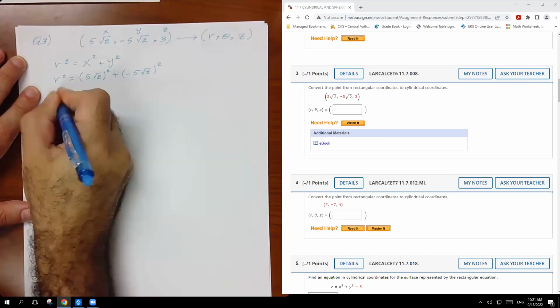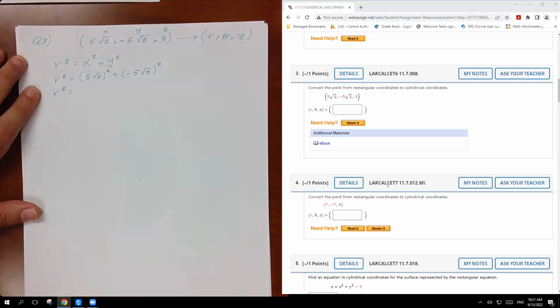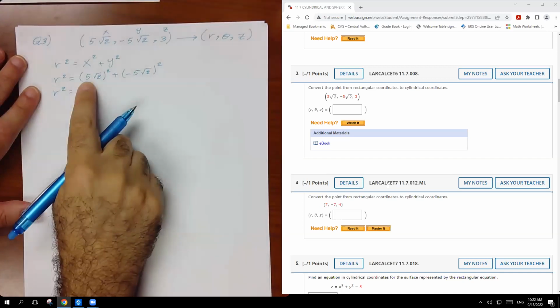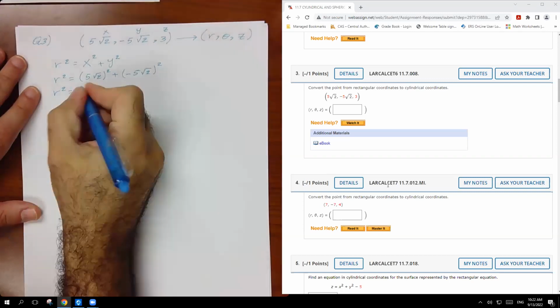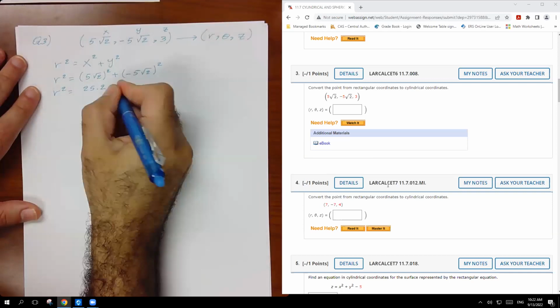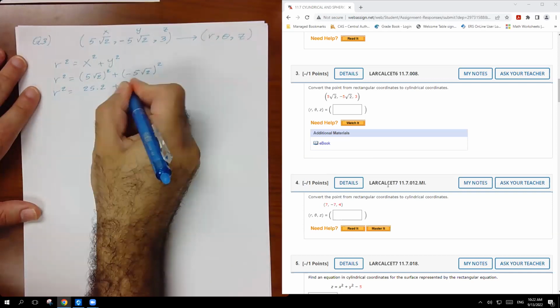That means r squared is going to be, this is 2 times 25, so it's going to be 50. So that means 25 times 2, plus, square this one, also 25 times 2.